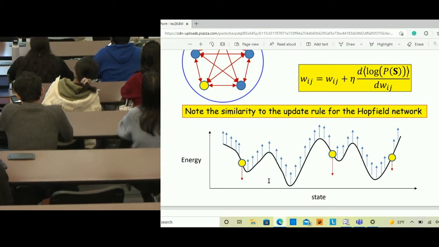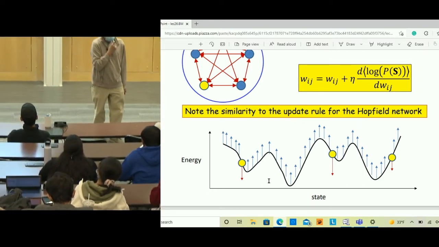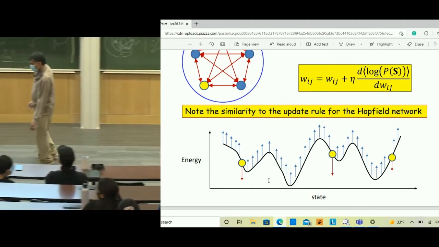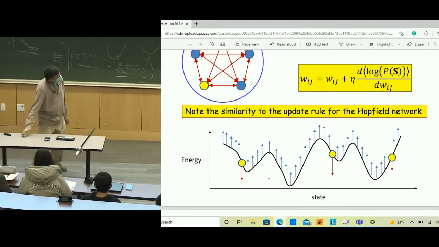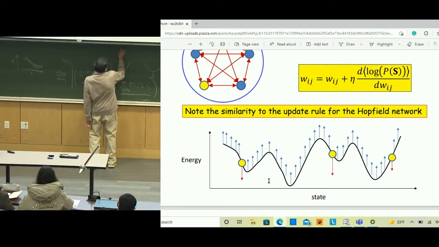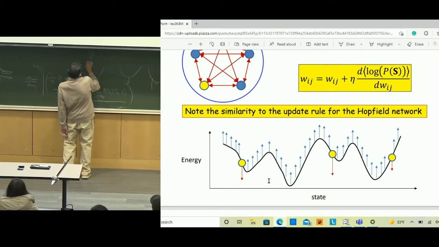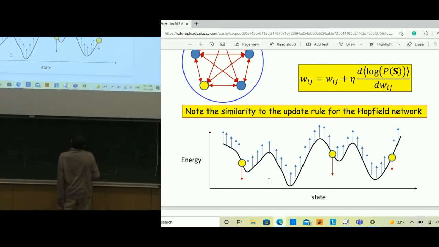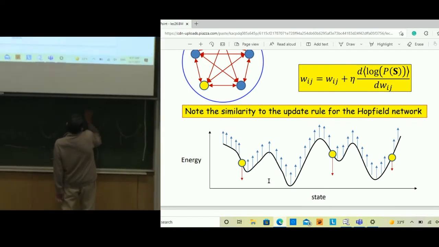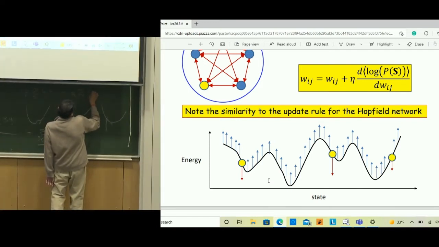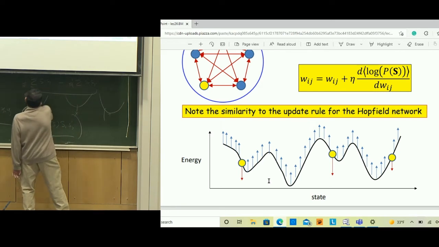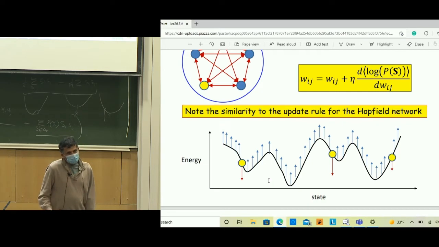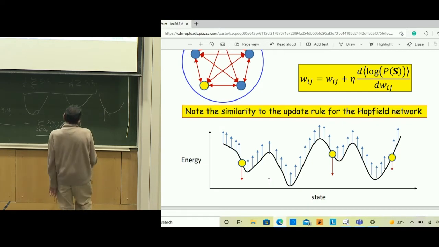For any wij, the derivative is going to be the difference between two terms. The first is the summation of SiSj, and the second is a bunch of samples S prime i, S prime j. And if you are doing stochastic gradient descent, you're going to start off with one random sample, compute SiSj for that sample, for SGD.